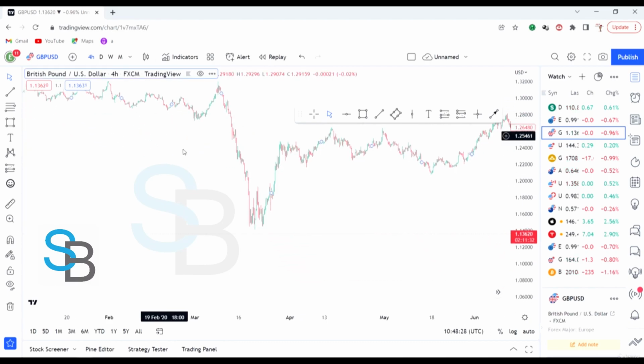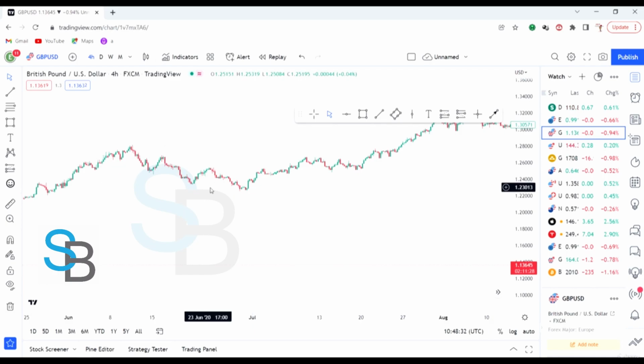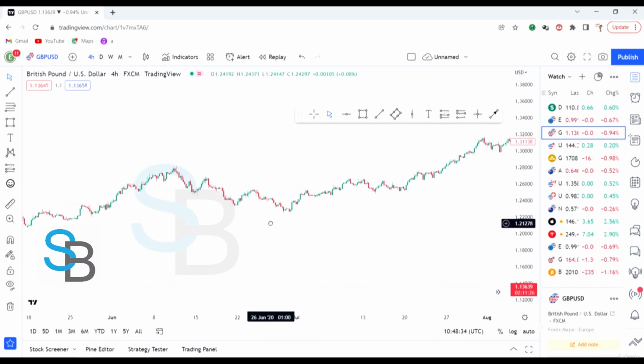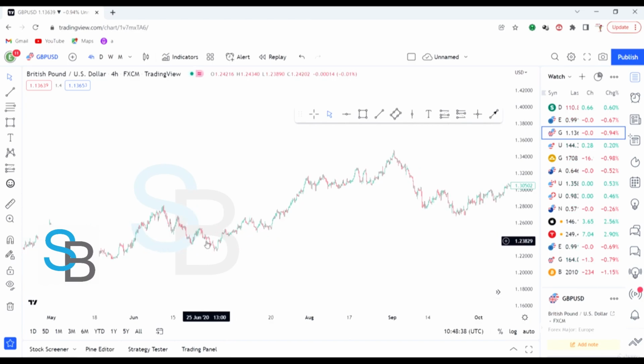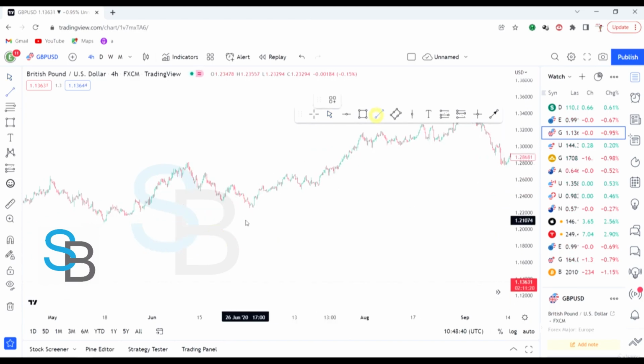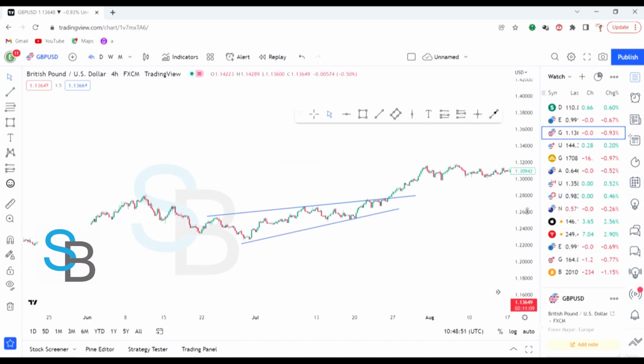We'll go in here. Let's see if we can find some examples of the rising and falling wedges. Let's see. I think I can see an example here. Yeah, so this is an example of the rising wedge.